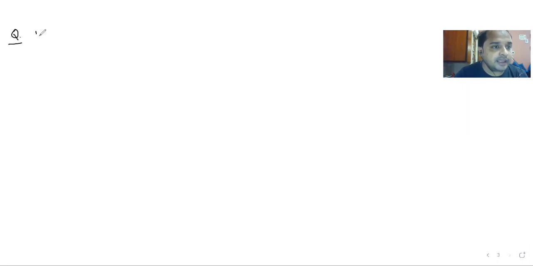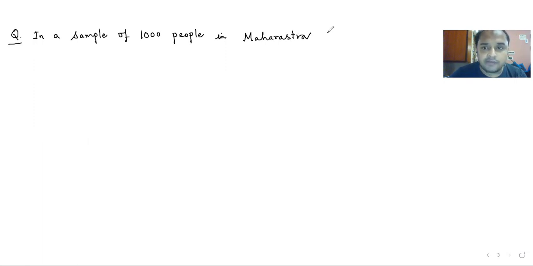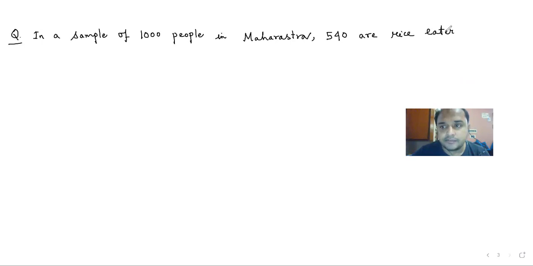Question: in a sample of 1,000 people in Maharashtra, 540 are rice eaters and the rest are wheat eaters.